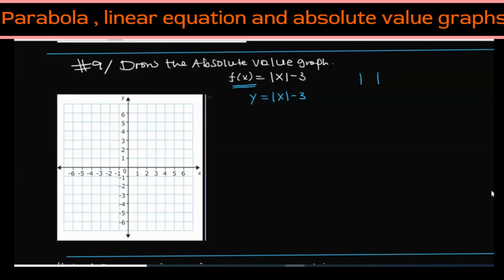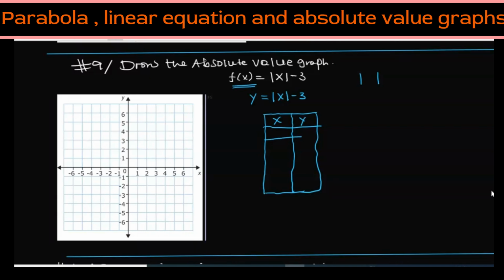I would recommend to list down the points. You just make a table. Let me make a table for you. All right, this is my table. This is x, and this is y.